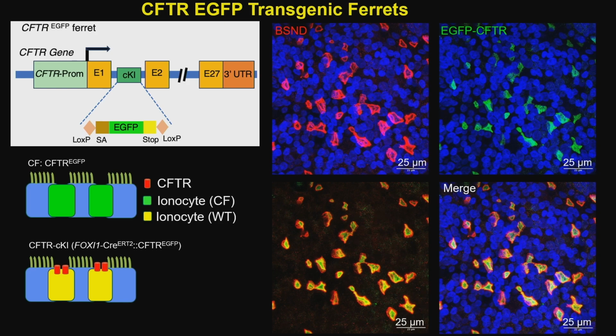We found that the CFTR promoter-driven EGFP signal is very intense, as shown in the image, and it showed really good colocalization with BSND-positive ionocytes. All those results tell us that ionocytes highly express CFTR.